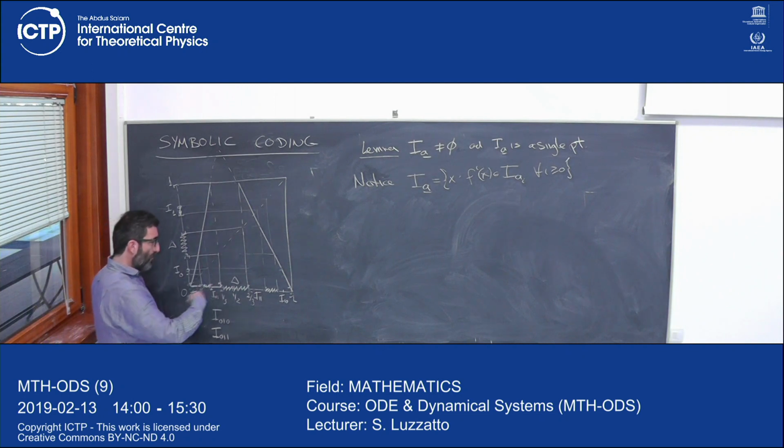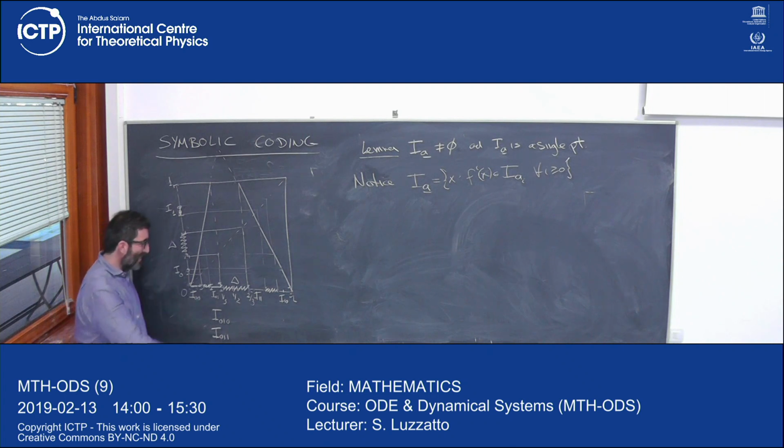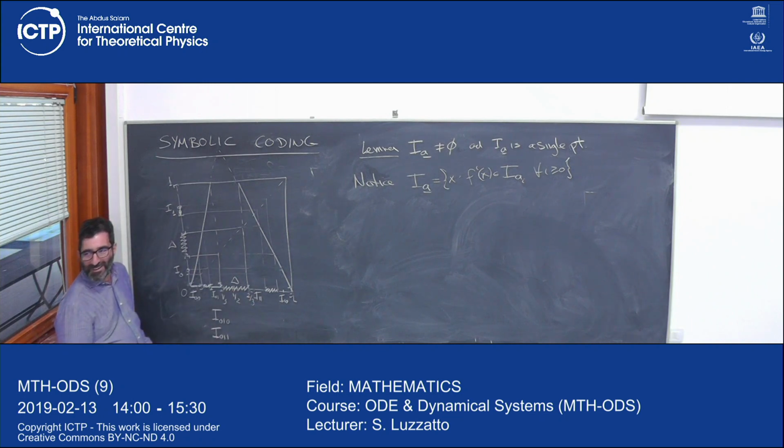If you give me a sequence that has 1,000 zeros and then 1,000,000 ones and then whatever you want, there exists a point that does exactly that. It stays 1,000 times in I0 and then it moves to I1 and then it stays as many times as you want in I1 and then it comes back according to your stipulation. There is a point that does that.